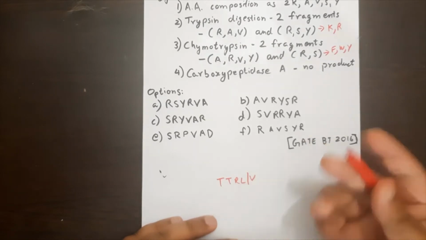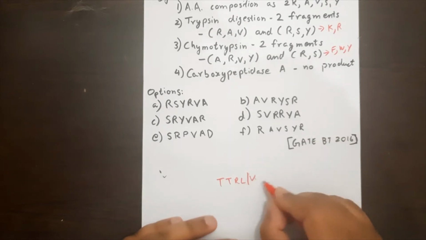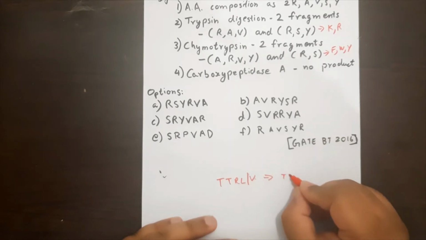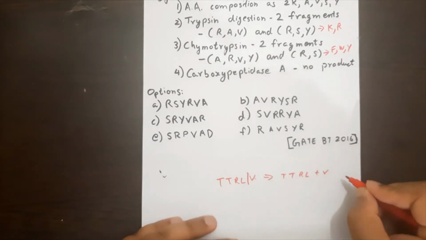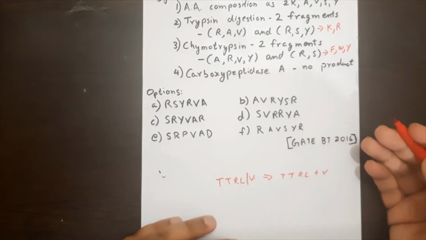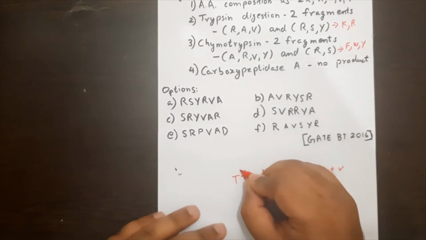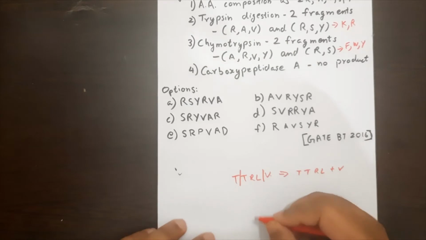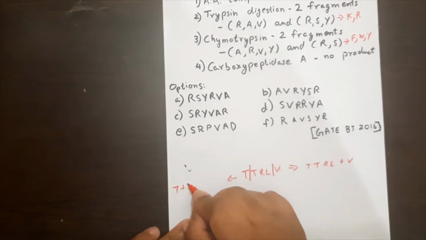If it's any amino acid, the carboxyl terminal, that is the C terminal, will get removed. So this will effectively become TTRL plus V. So it will be able to cleave out the carboxyl terminal. Aminopeptidases are those enzymes that will cleave the amino terminal. So if you do cleavage with this, it will become T plus TRLV.